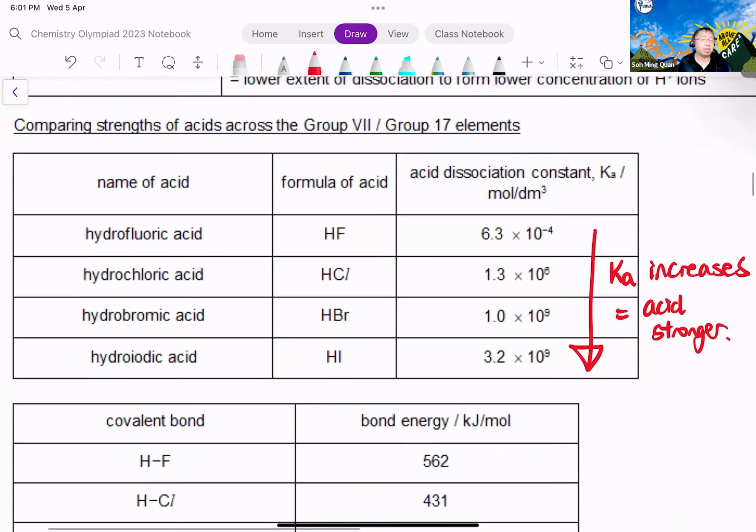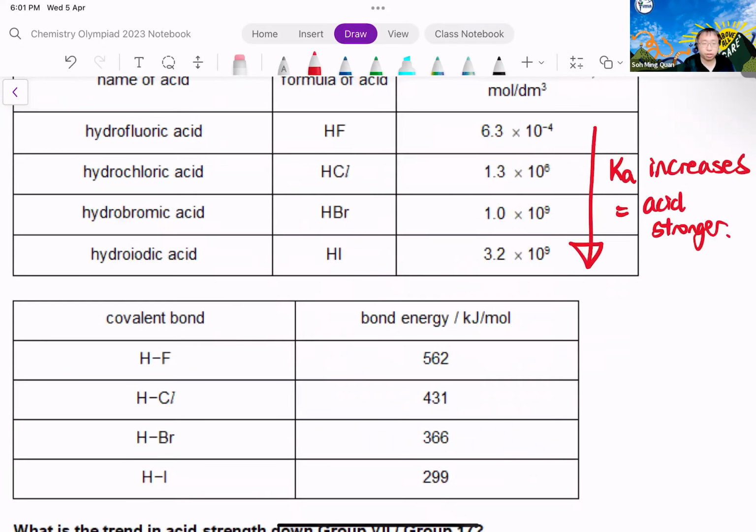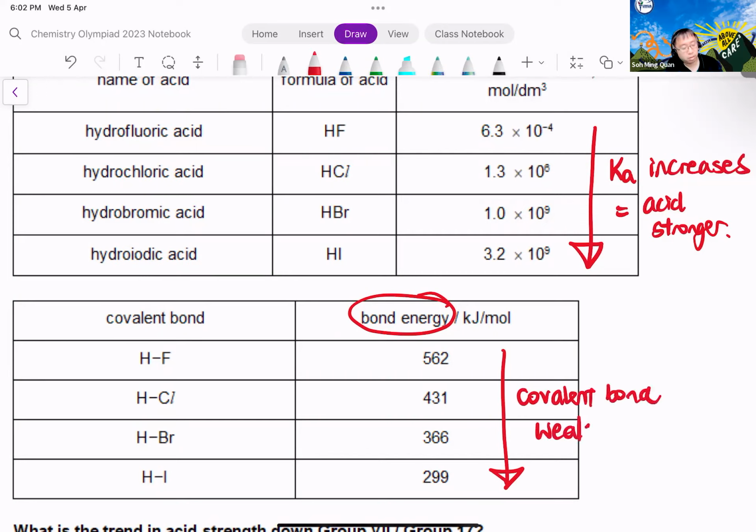Now let's relate it to the covalent bond strength. The bond energy is the amount of energy that needs to be taken in to break the covalent bond. You can clearly see the covalent bond takes less and less energy to break. The covalent bond becomes weaker down group 17. So now you clearly see the trend. The acid is stronger when the covalent bond is weaker.